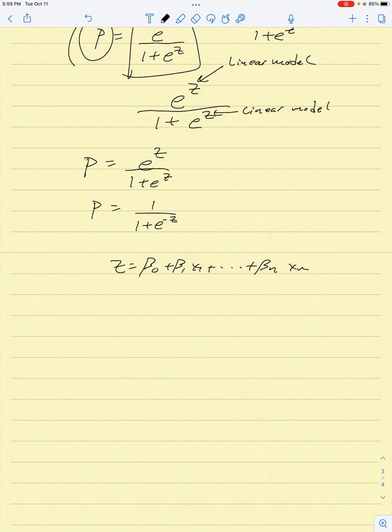All right. But we want to use this to predict something that's between 0 and 1, a probability. And when we apply this data transformation, this always gives us a number between 0 and 1. So this is a valid way we can use a linear model to predict a probability. And that's the game that we're going to play here soon in SAS.